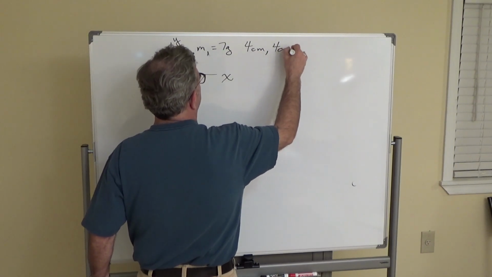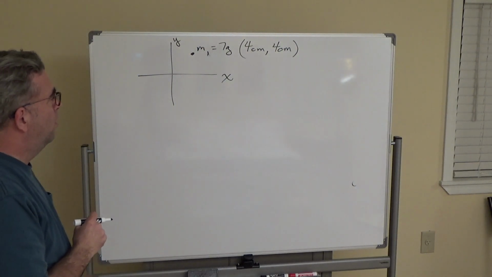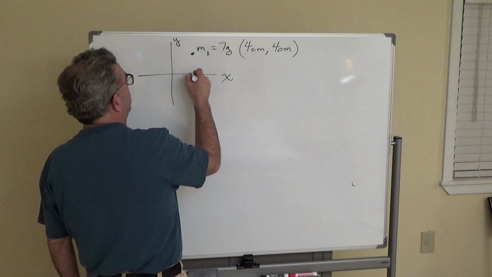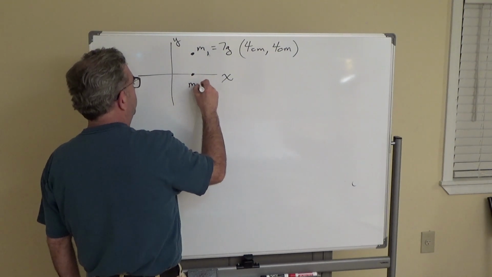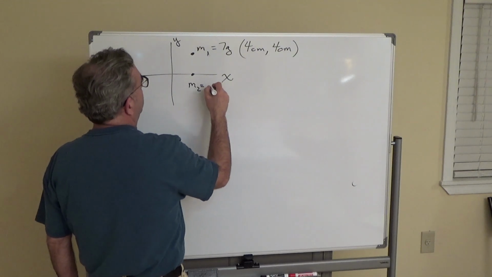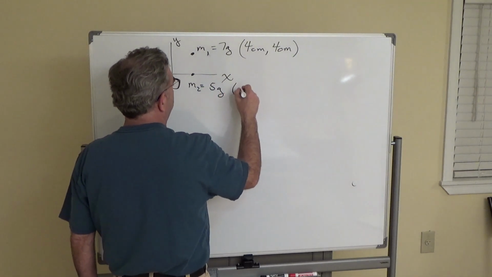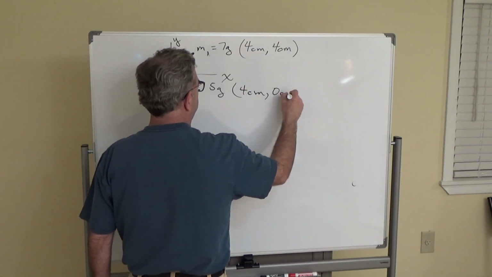and it's at the point 4 centimeters, 4 centimeters. That's M1. That's the X coordinate. That's the Y coordinate. Here's M2. M2 is equal to 5 grams, and it's at 4 centimeters, 0 centimeters.